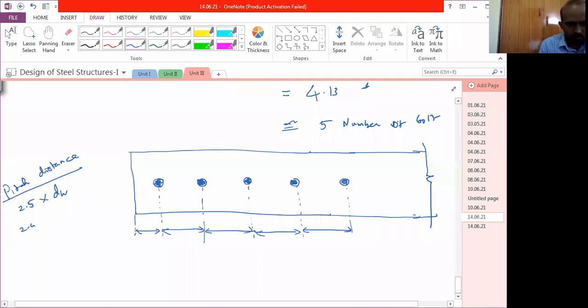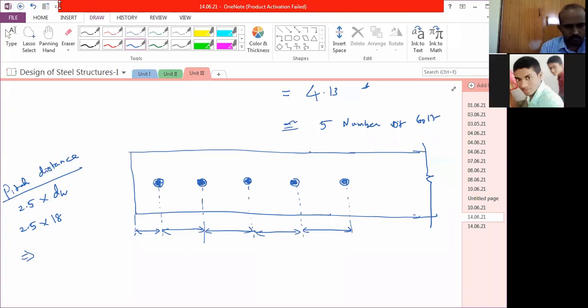So here 2.5 times the bolt hole, 18 mm, will become what? 2.5 times 18 is 45 mm. So here I am going to provide the pitch distance of 45 each.